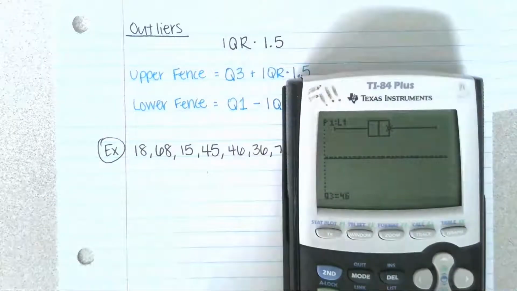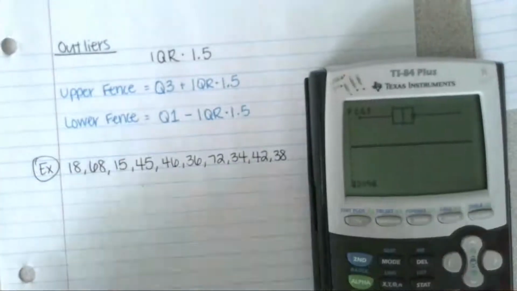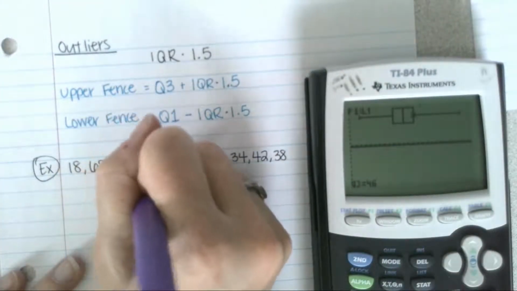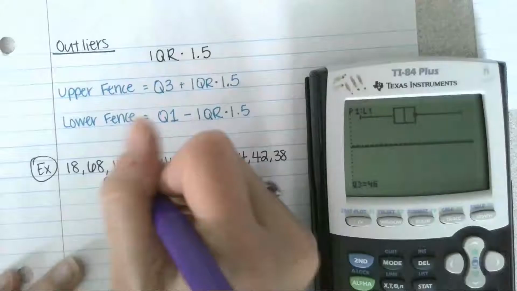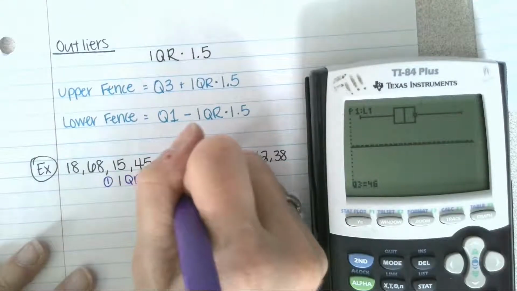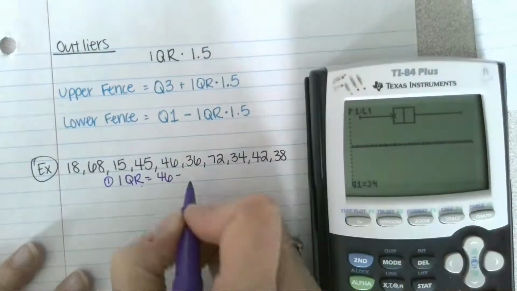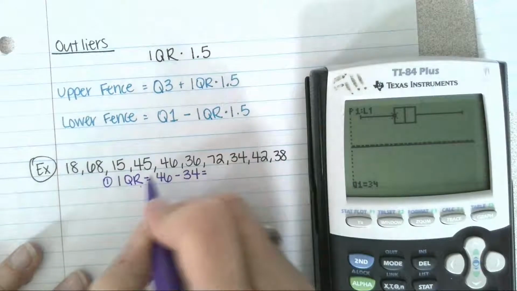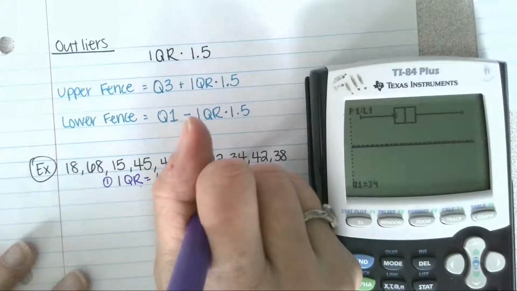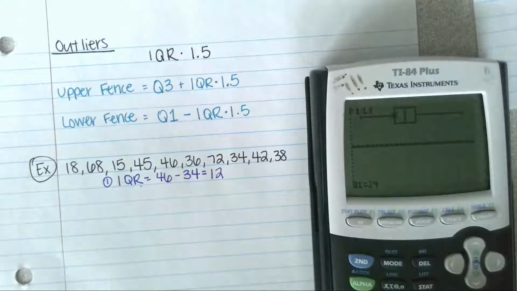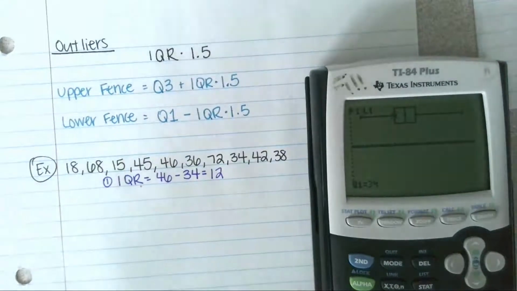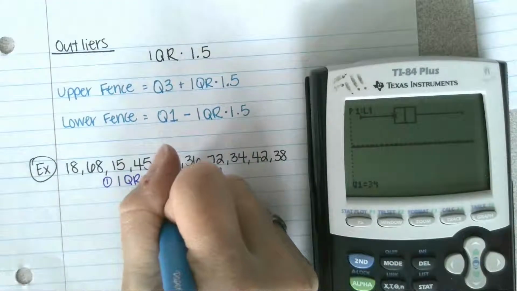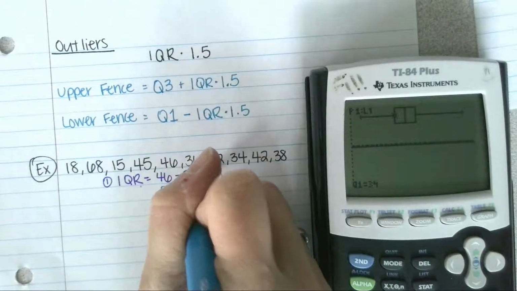And so for step 1, we are going to find IQR, which is going to be Q3, which is 46, minus Q1, which is 34. So my IQR, interquartile range, is 12. And like I said, remember this was Q3 minus Q1.